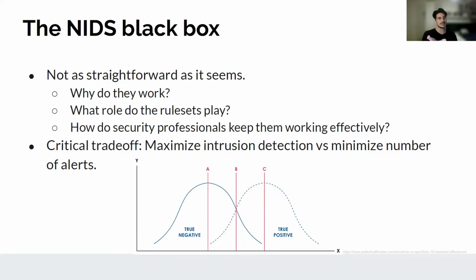Specifically, we're interested in one very specific aspect, which is how they deal with the trade-off between maximizing the intrusion detections and minimizing the number of alerts that the analysts receive on a daily basis, so they don't get overwhelmed by all of these alerts, which would prevent them from performing their work effectively.